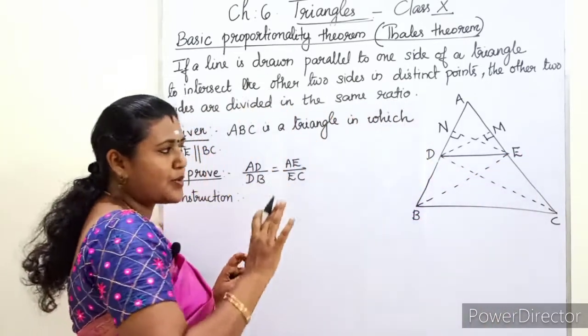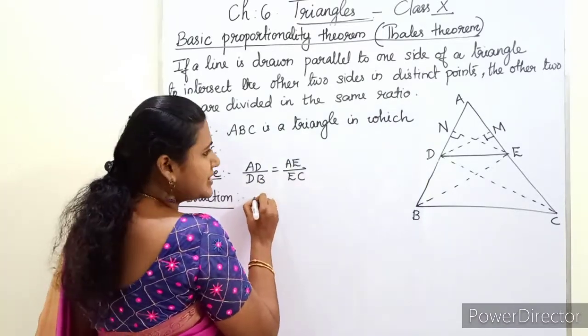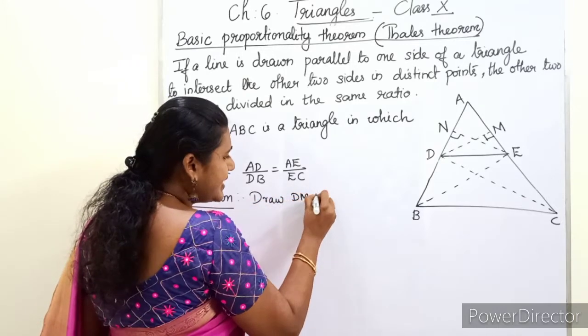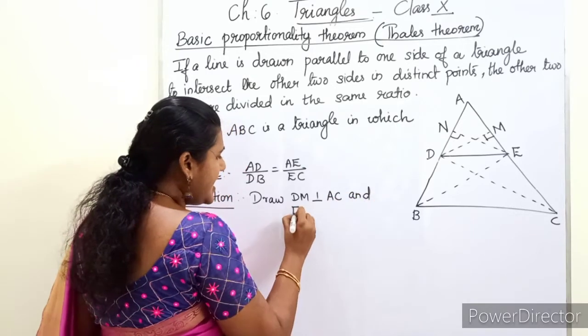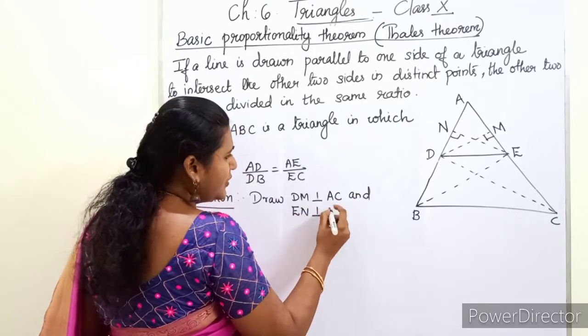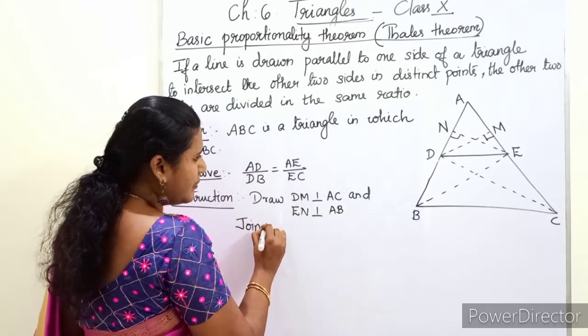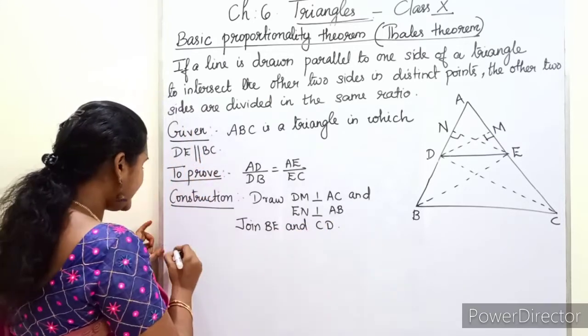You have to write these under construction: draw DM perpendicular to AC and EN perpendicular to AB, and join BE and CD.